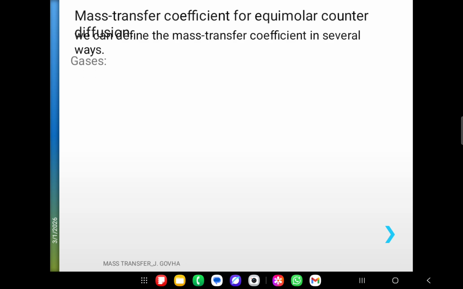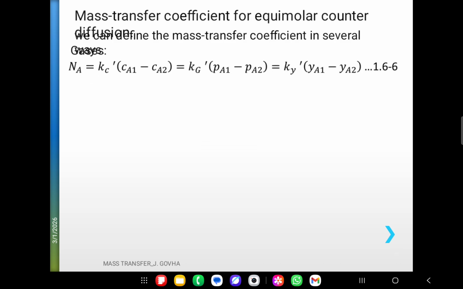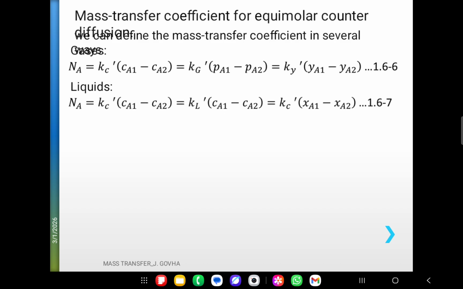So mass transfer can be expressed in several ways. NA is equal to Kc, Kg, Ky, as you can see, depending on whether we are using concentration, partial pressure, and the like. Then for liquids, the same applies there, where we have Kc for concentration and KL.